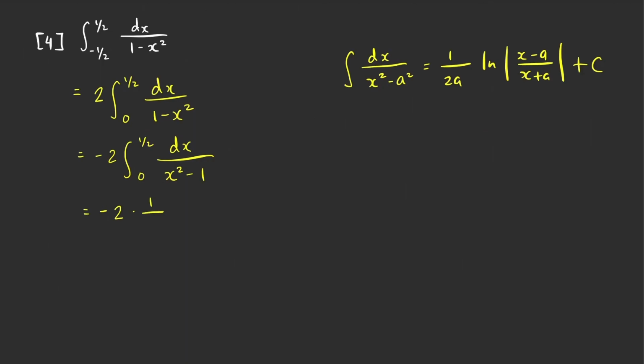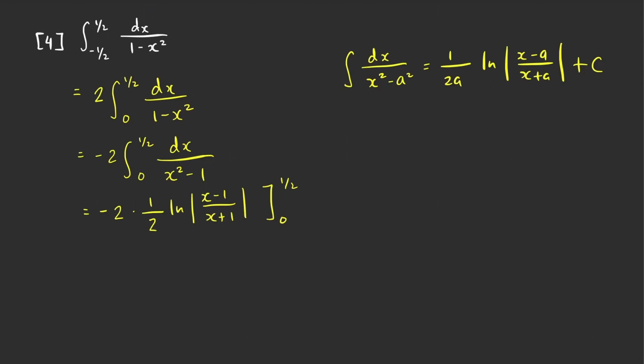Our a is actually 1, so 2a is 2, that is 1 half. And then ln of the absolute value of x minus a, so that is x minus 1 all over x plus a, x plus 1, evaluated from 0 to 1 half.